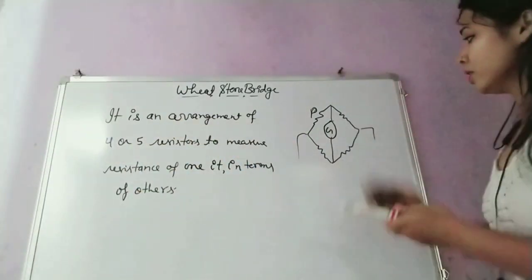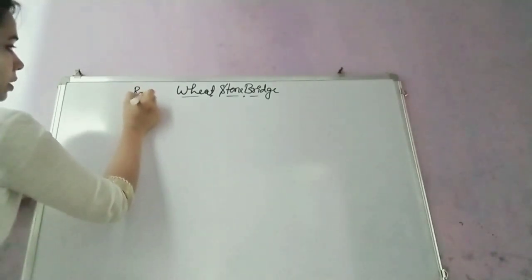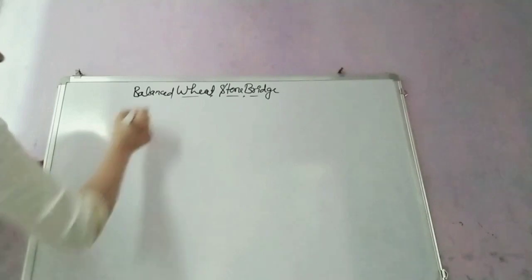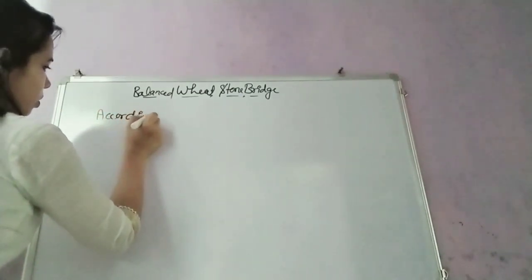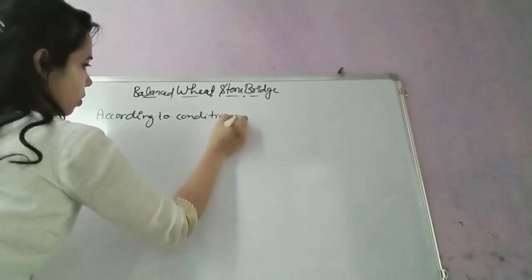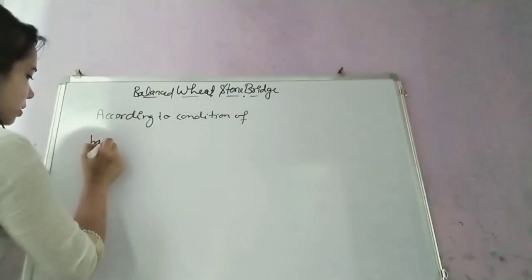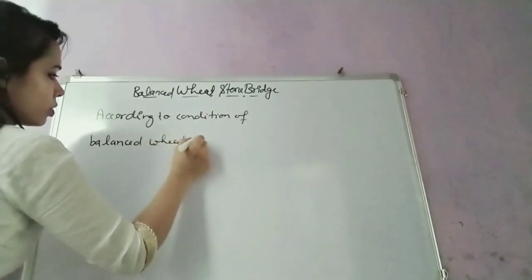Now I will write the condition which is important for the balanced Wheatstone bridge. So what is a balanced Wheatstone bridge? Under it you will write: according to the condition of balanced Wheatstone bridge.